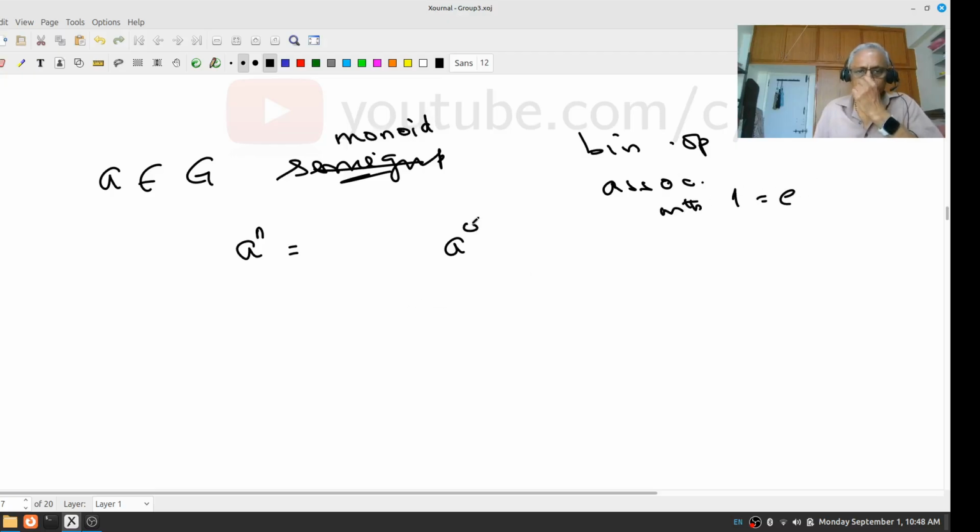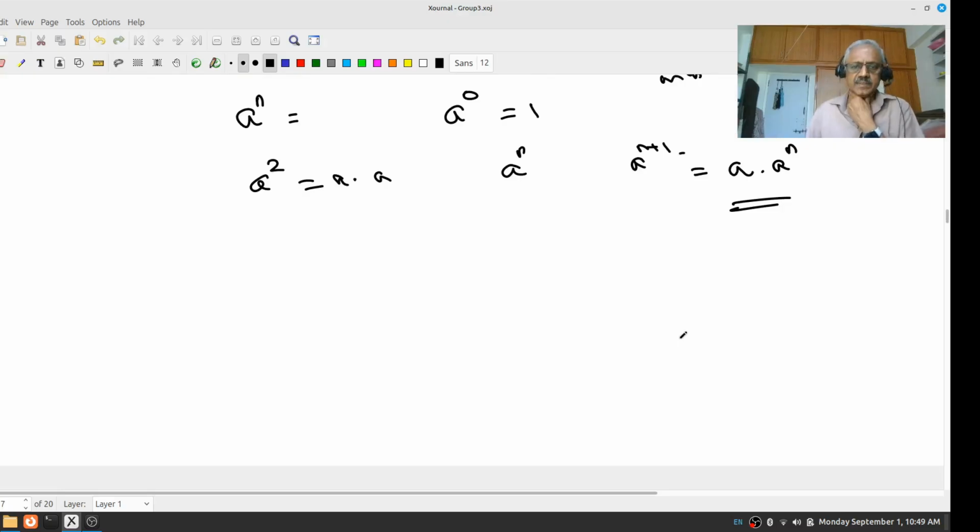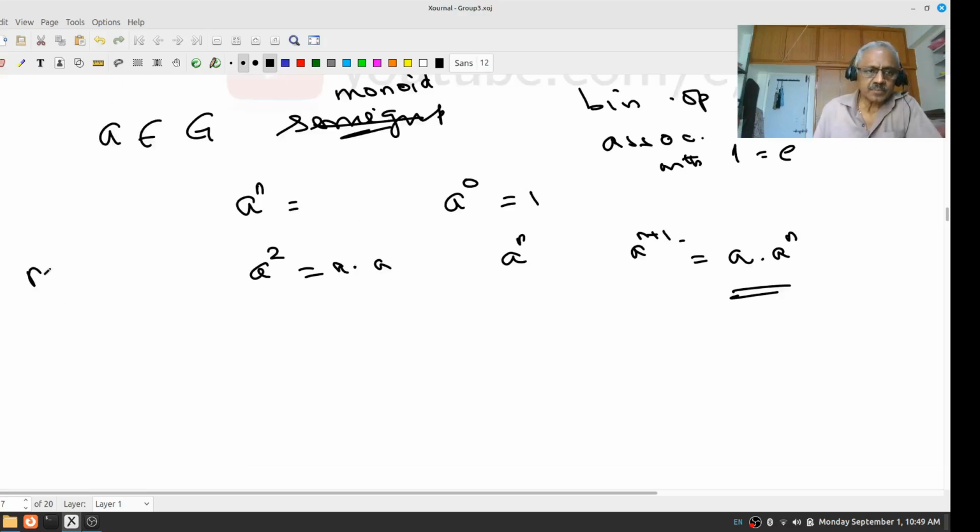right? And a to the power 0 is 1, and we know what is a squared, which is a times a. Assuming a to the power n is defined, a to the power n plus 1 is a times a to the power n. Okay, right. So we have defined this. Remember, this is true only for natural n in Z plus.